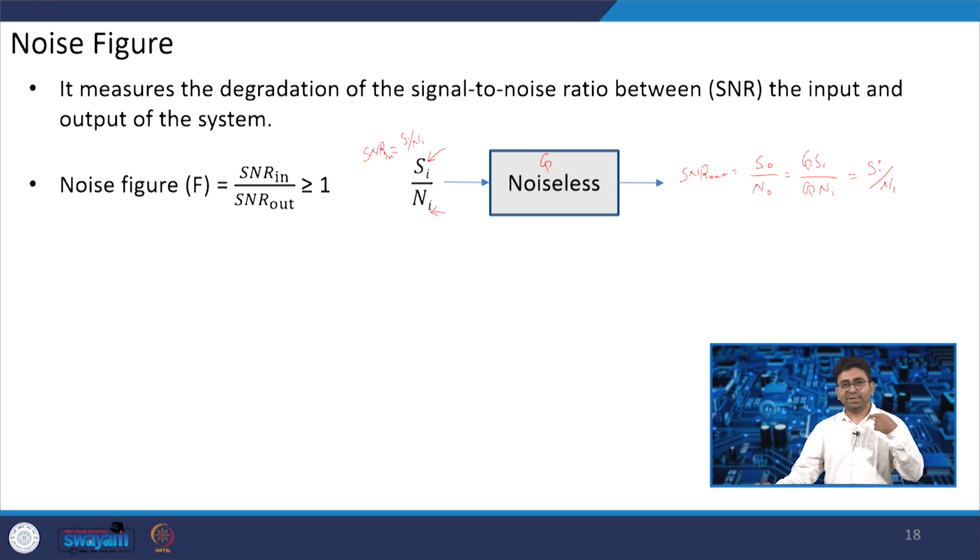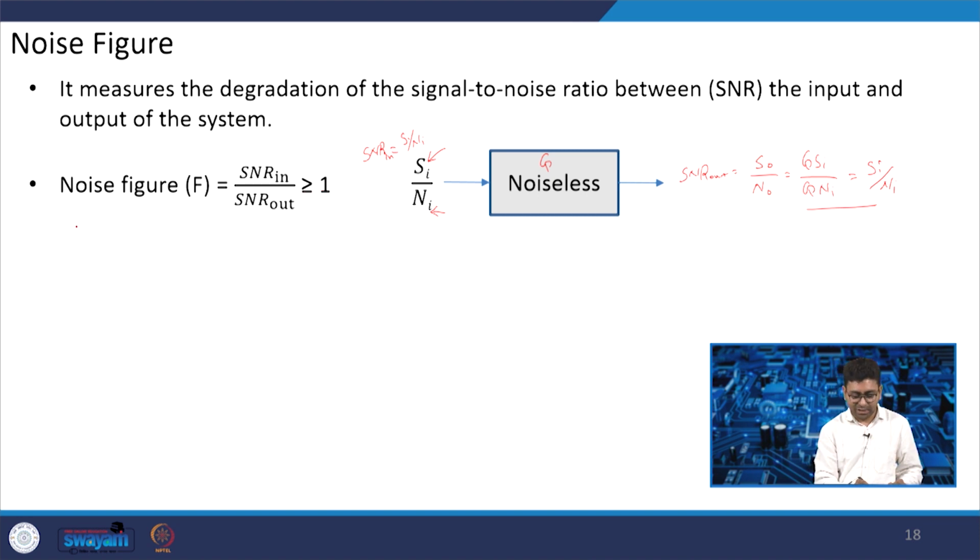So, what exactly is noise figure? It measures the degradation. If there is degradation, the ratio of SNR in to SNR out is greater than 1, because noise will be added by the system. For an ideal system, as I explained, SNR in by SNR out is equal to 1, but for most systems it is greater than or equal to 1.